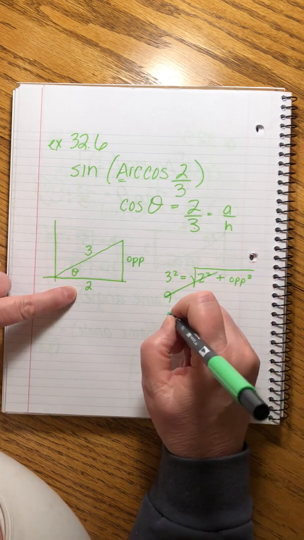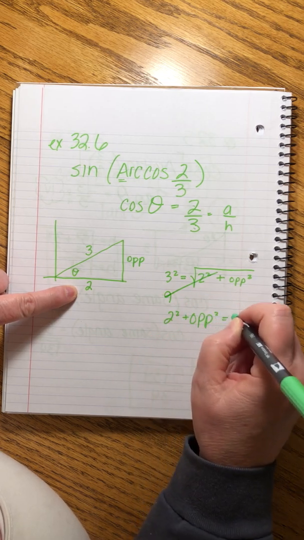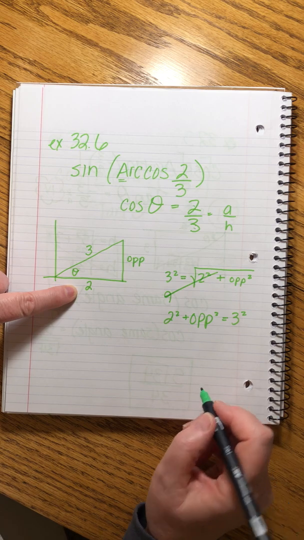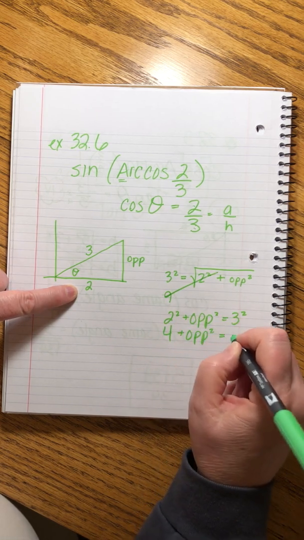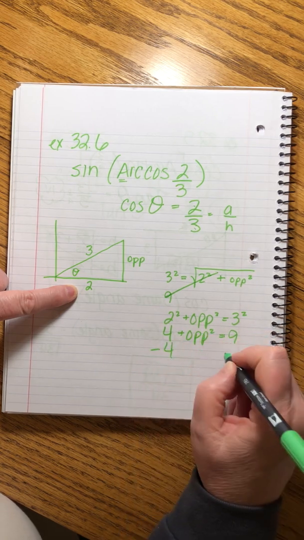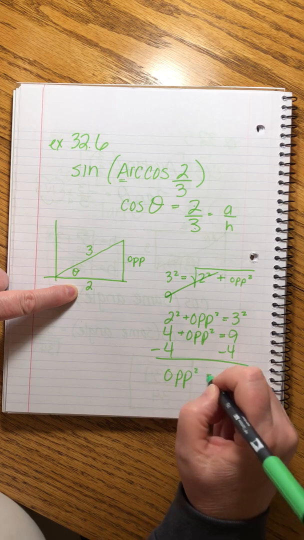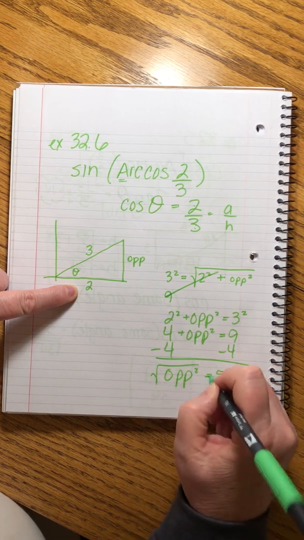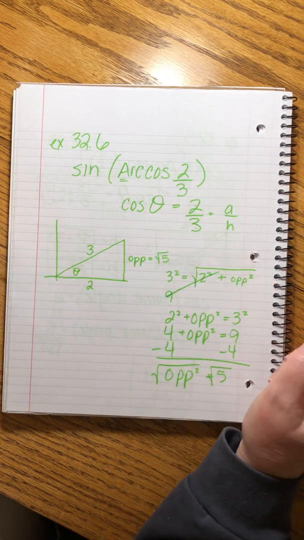It's going to be 2 squared plus OPP squared equals 3 squared. This will work better for this, right? This is 4. We subtract 4 from both sides. OPP squared equals 5, and then we take the square root. So the opposite is equal to square root of 5.